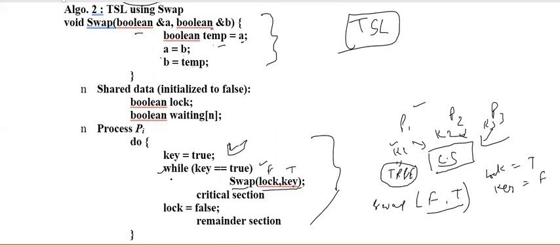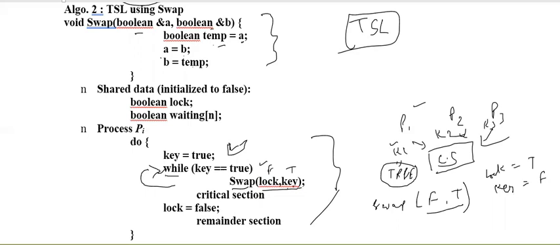Now, this while is true, hence we move into this line, but this is inside the while. So whenever this performs its task, we need to move again to the while loop until that loop becomes false. Then only will we move into the critical section.